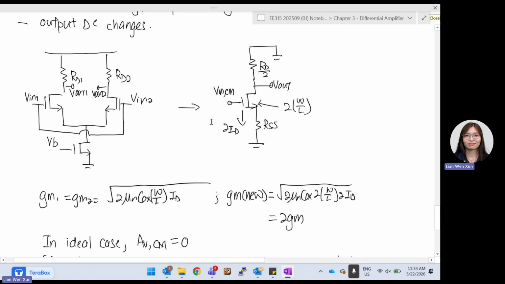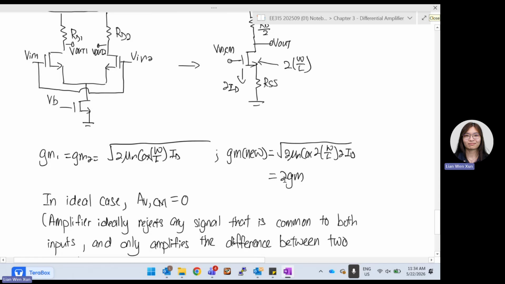But now, because of this new circuit, we can combine them already. The new GM is 2 mu NCox, now with 2W over L. So you change W over L into 2W over L. Now there are two currents flowing down, so it becomes 2ID, equal to 2GM.